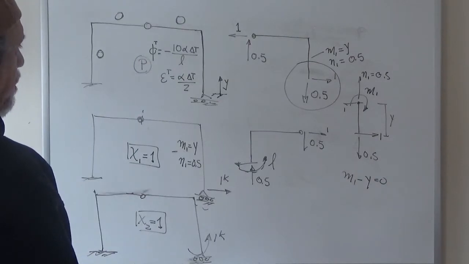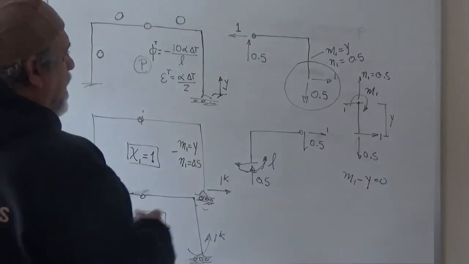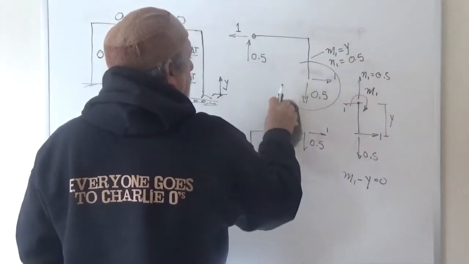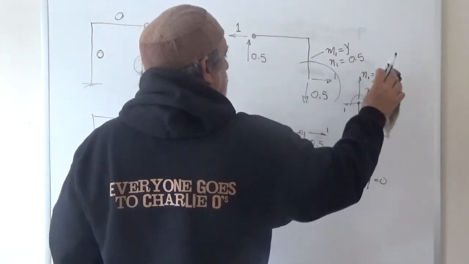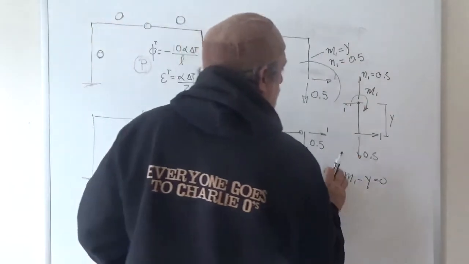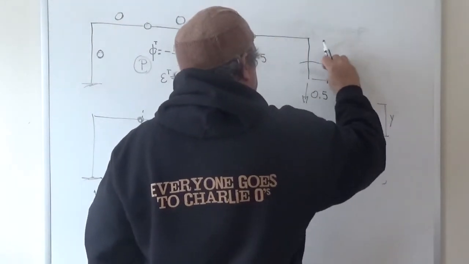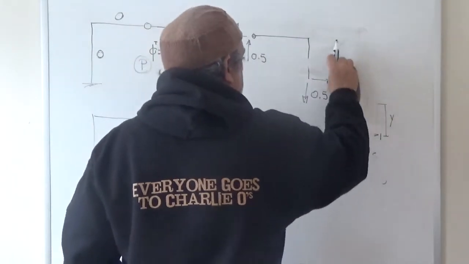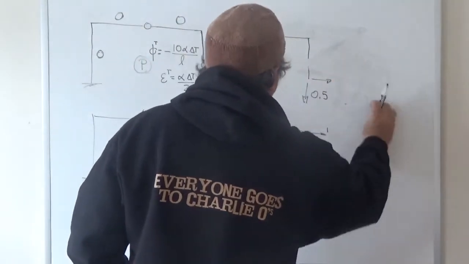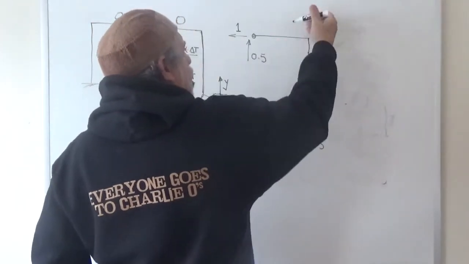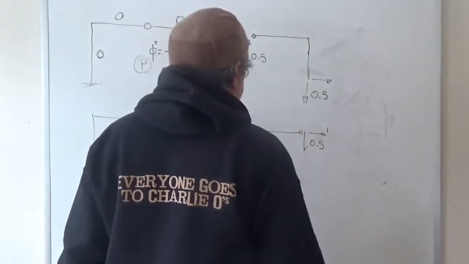Now, we go to this bar. Now, how do you do that bar? You can do it any way you want. You could take the bubble from here and call a distance x to the right, and that'd be perfectly fine.